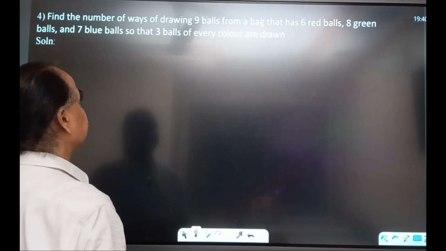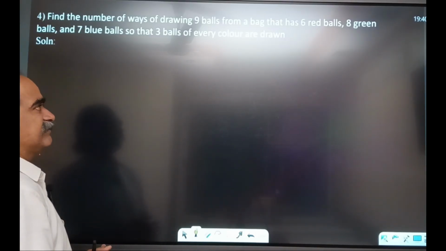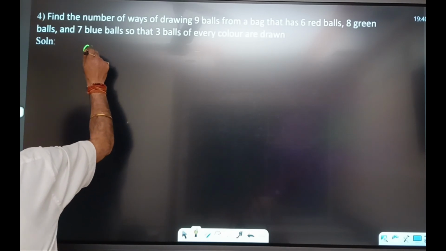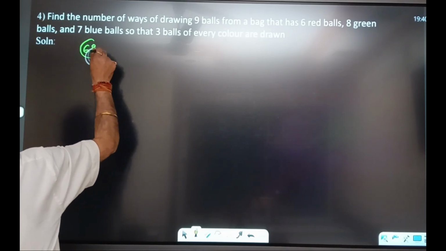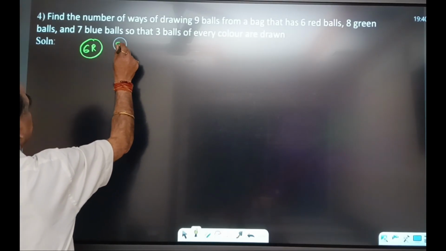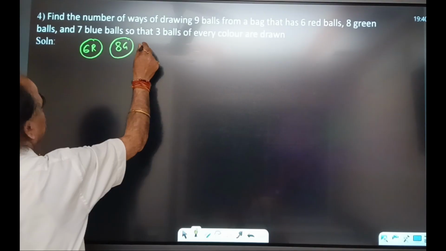Find the number of ways of drawing 9 balls from a bag that has 6 red balls, 8 green balls, and 7 blue balls.